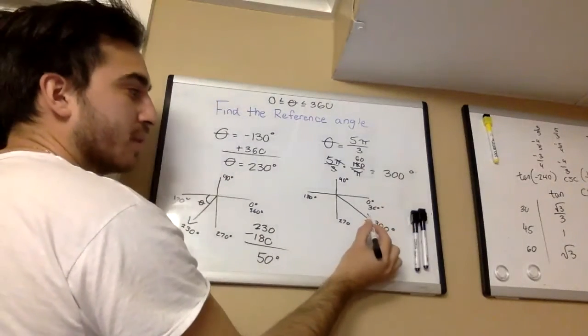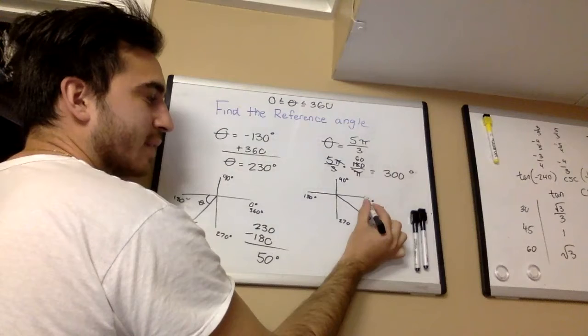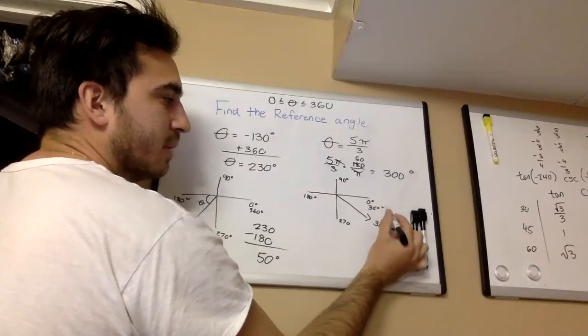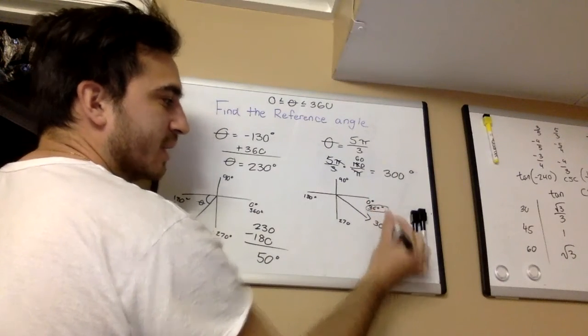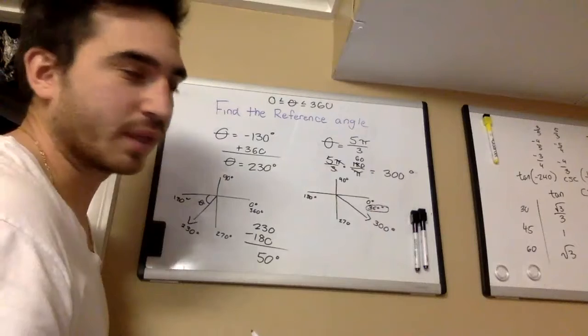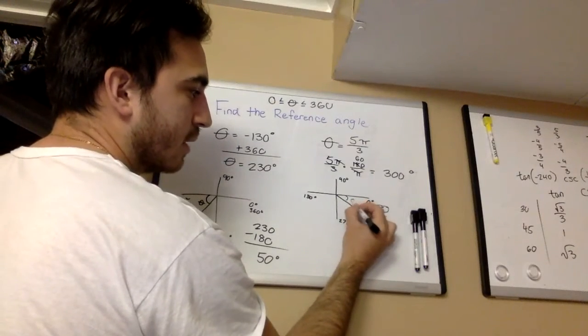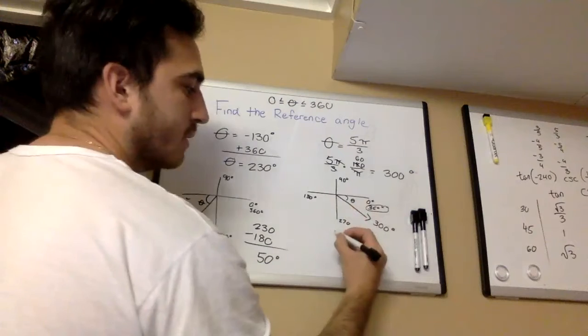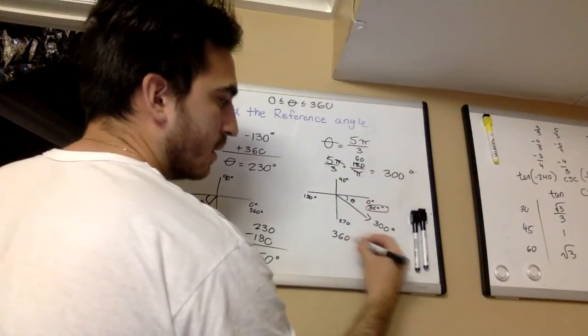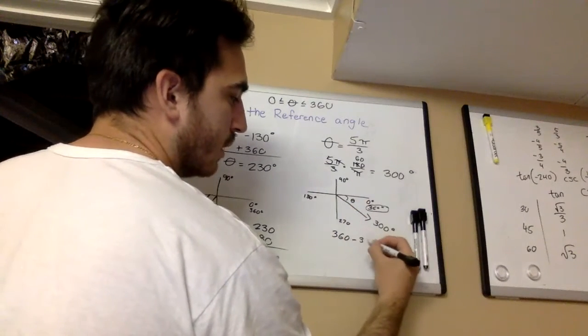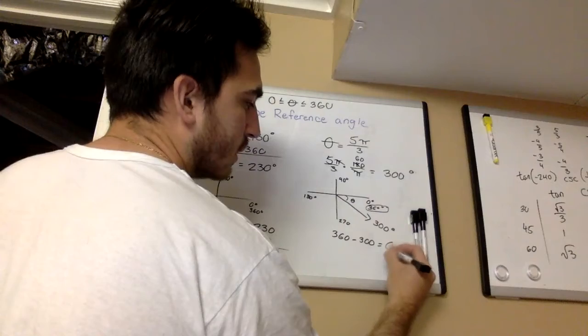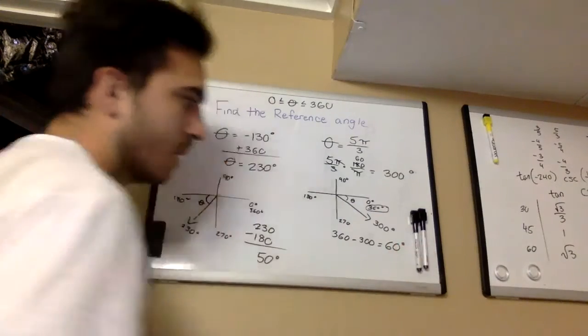Now 300 is closer to this x-axis. So that means I am going to be dealing with 360 because I want a positive number for this. I wouldn't choose 0. So in order to find this degree or this theta, all you need to do is 360 minus 300 equals 60 degrees.